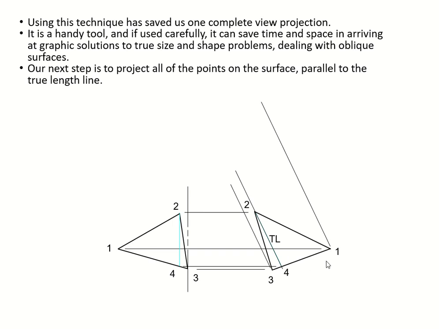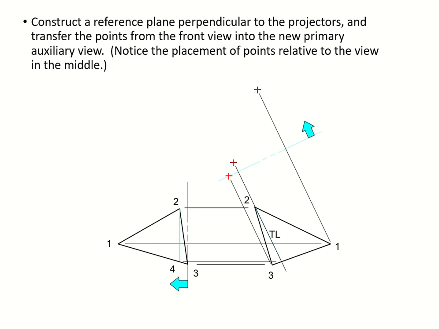Projector lines will come off from the points, and they got to be parallel to the true length line. Draw your second fold line perpendicular to all your projector lines. We're gonna go that direction, so make sure which direction we're going.